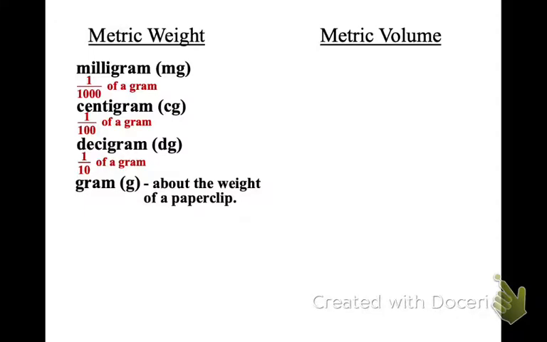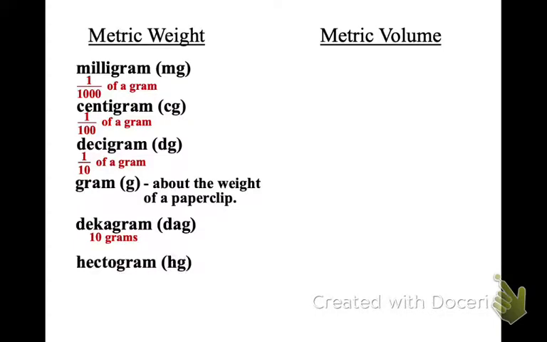Okay, 1,000th of a gram. And the same thing would go, deca is times 10 grams. Hecto is 100 grams. We rarely use the deca, the hecto, the decigram when we're using units of measurement. We usually use grams, centigrams, milligrams, kilograms, okay?